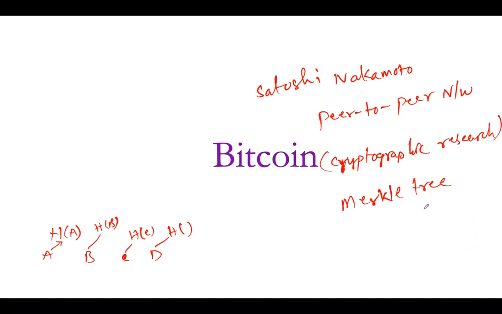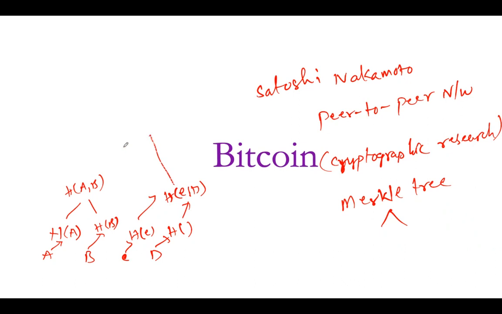We said this Merkle tree is a binary tree. Then it will form a parent hash of A and B, and another parent hash of C and D, which are concatenated.